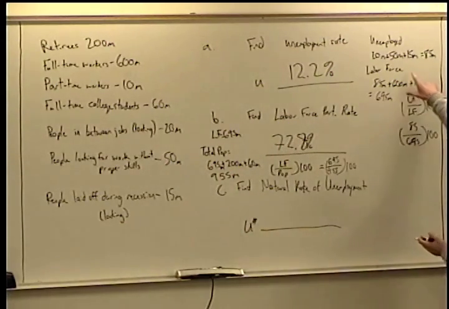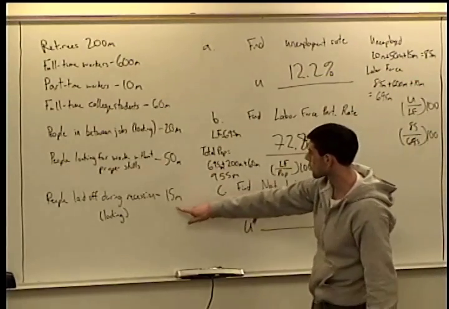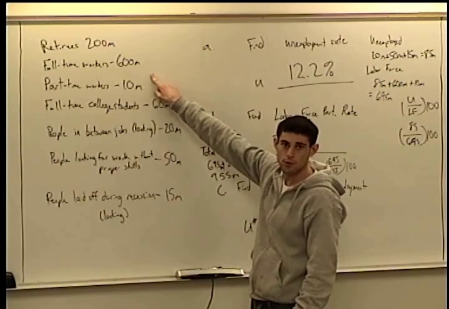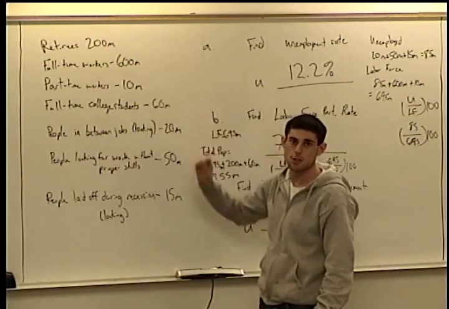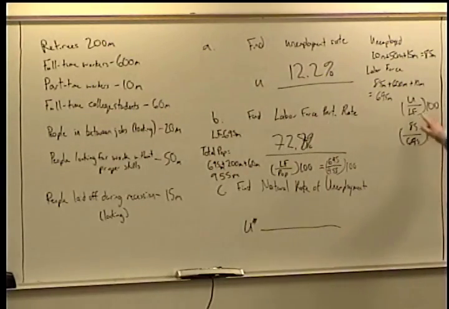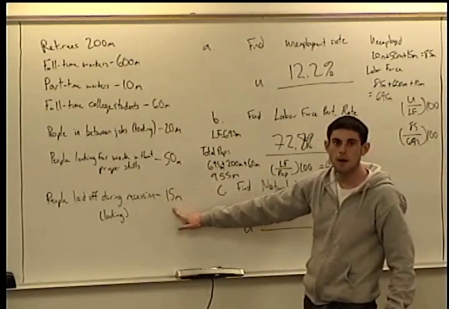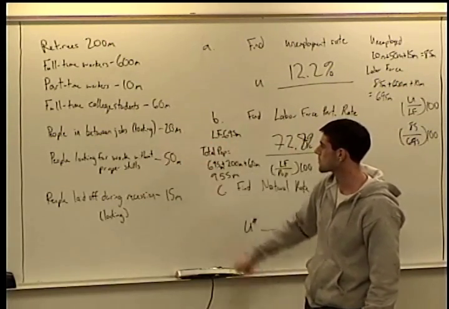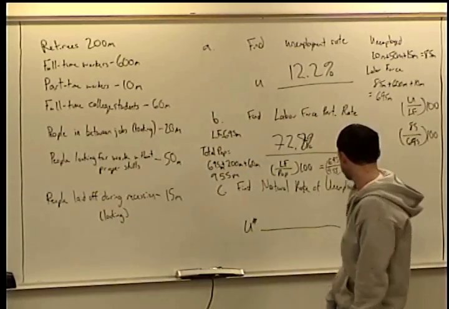And we can just use these numbers up here. If these people go from unemployed to employed, they don't change the labor force. So the labor force is still going to be 695 million. However, our unemployed people are going to go from 85 million minus 15 million because these people are now working. So we have 20 million plus 50 million, which is 70 million.